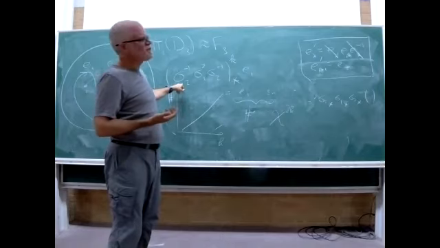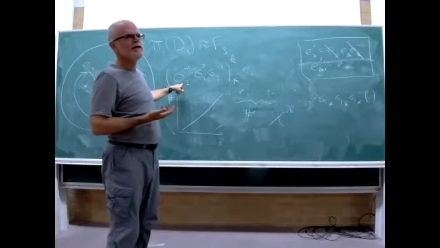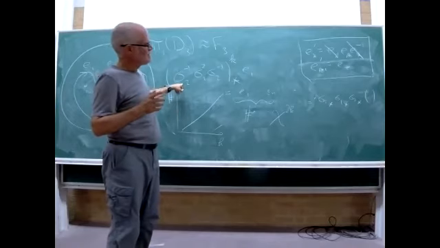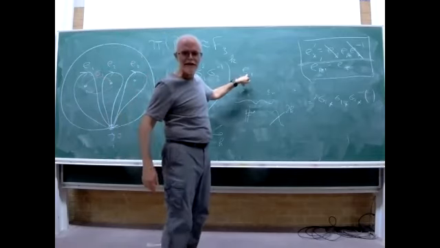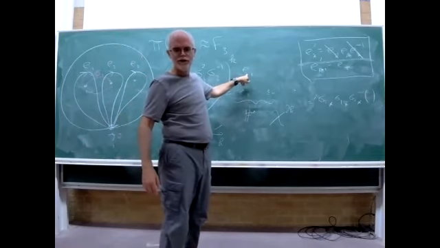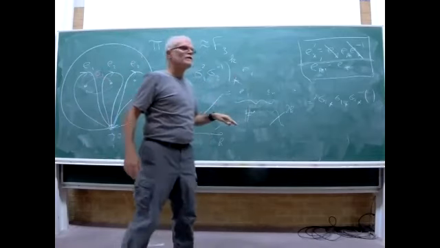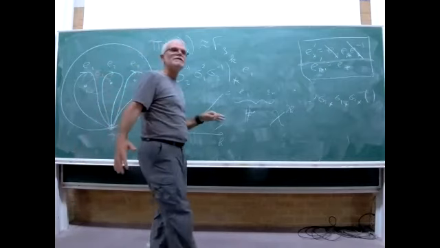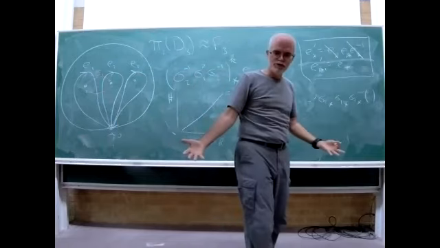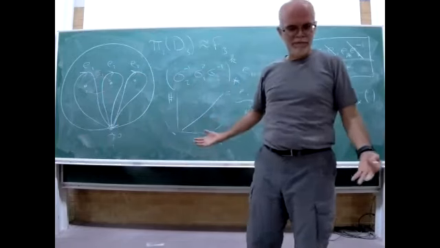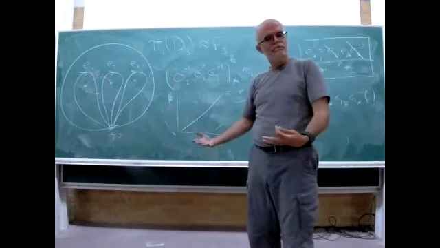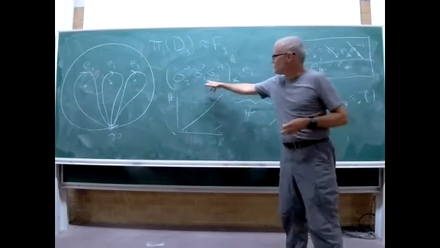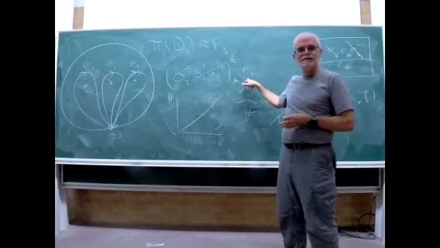Well, no, wait a second. The representation could send everything to the identity. Sorry, maybe it depends what you're asking. But if you mean the thing that it's acting on, then yes, it should return. But you can, for instance, imagine mapping everything to the identity. That's the least faithful representation you can do: you take every group element and map it to the identity element of whatever space you're acting on. So for instance, I could say that any sequence of braids is the identity.